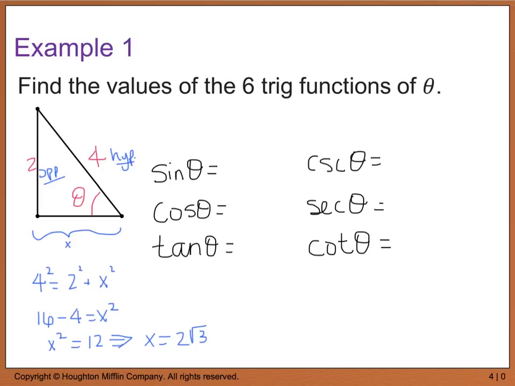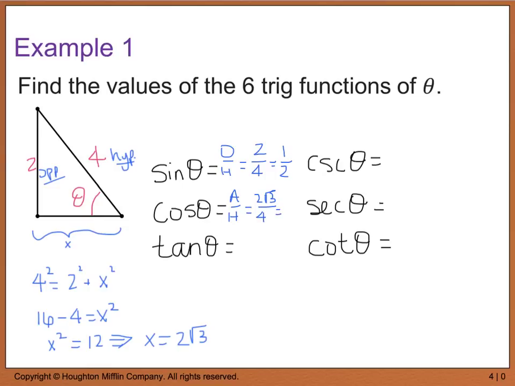So sine theta is equal to opposite over hypotenuse, which in this case is 2 divided by 4, or 1/2. Cosine theta is equal to the adjacent over the hypotenuse, which is equal to, on my adjacent side we said was 2 square roots of 3 divided by the hypotenuse, which is 4.